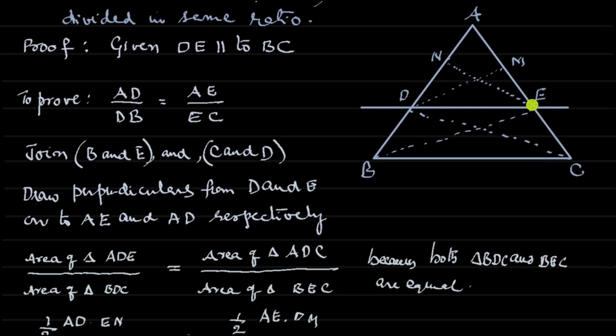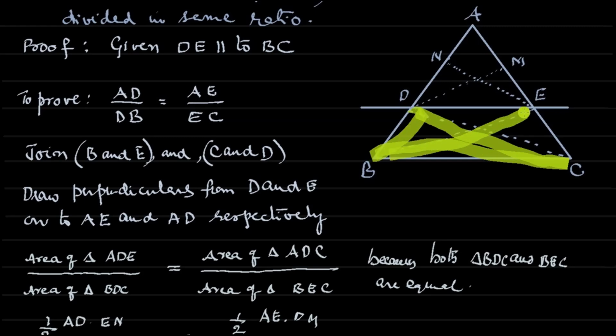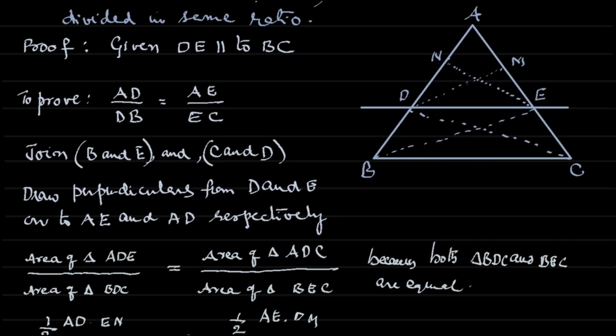Second, this same triangle by this triangle. Okay? They are equal because these two are equal. Do you know why? Because their base is same, their height is same.